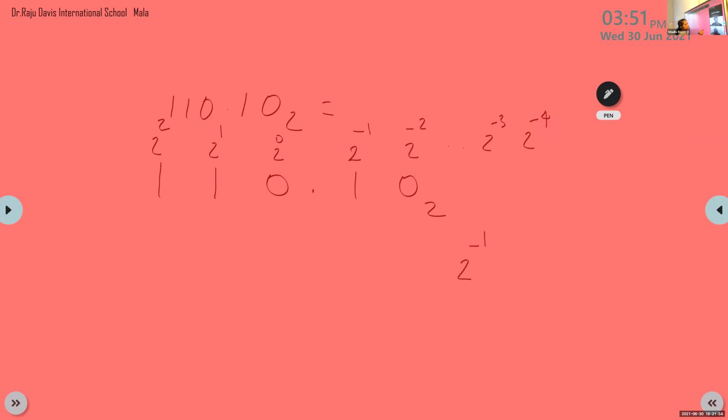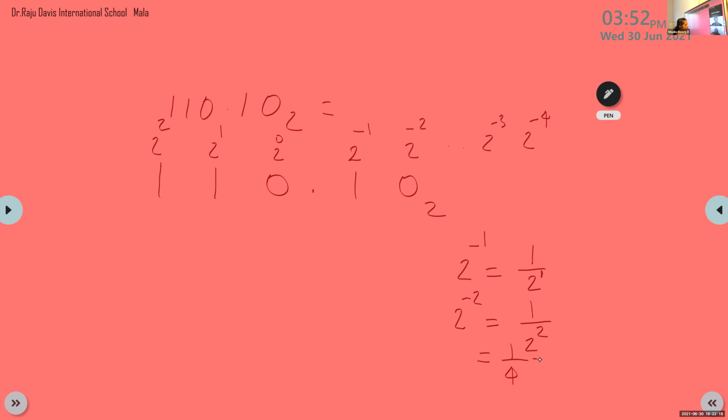Then, what is 2 raised to minus 1? It is 1 by 2. That means 1 by 2 raised to 1 is the answer. 2 raised to minus 1 is equal to 1 by 2 raised to 1. Then what is 2 raised to minus 2? 1 by 2 raised to 2, which is equal to 1 by 4.